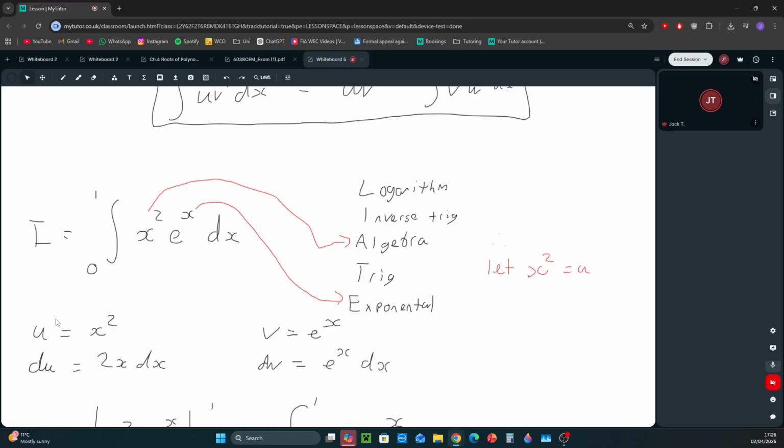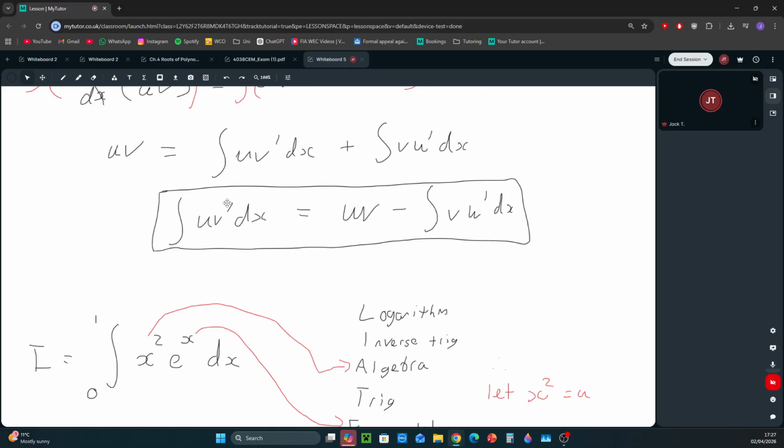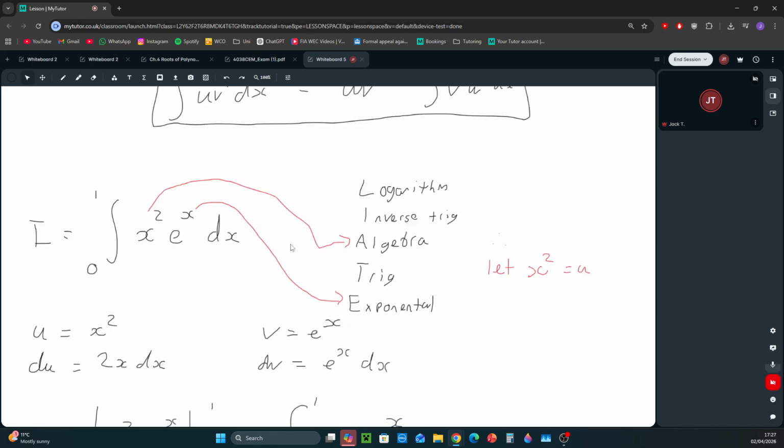We want v to be the easiest to integrate, because it's the derivative of v that's in our integral. We're going to have to differentiate one and integrate the other, so it's about which way round makes the other term easiest to integrate.